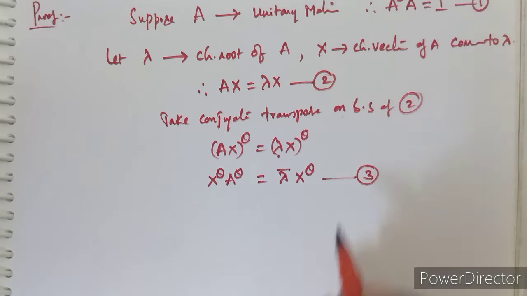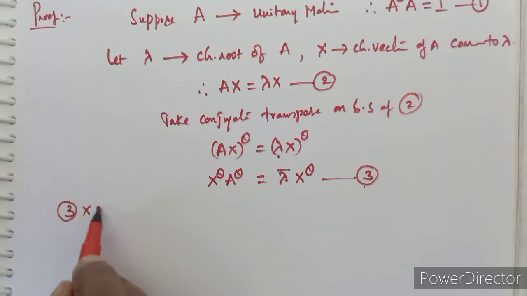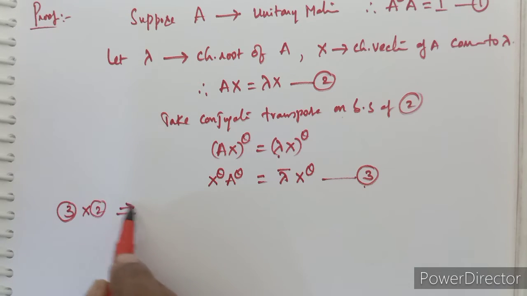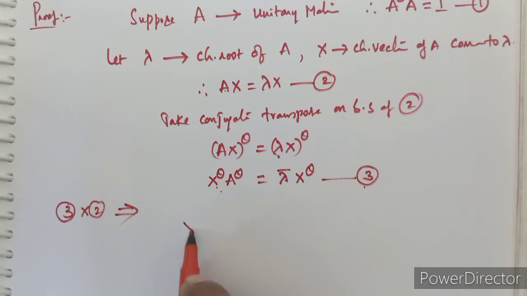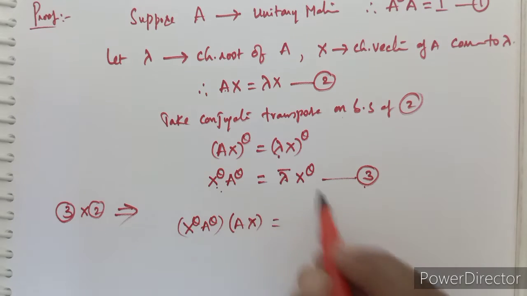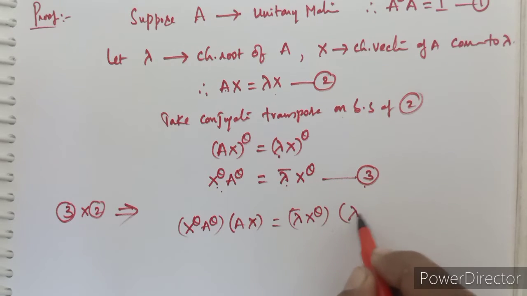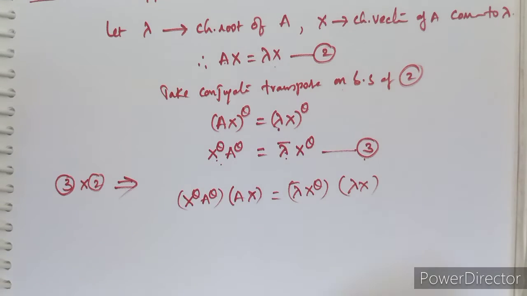We multiply equation 3 and equation 2, LHS into LHS: x^θ A^θ into Ax is equal to RHS into RHS: λ̄ x^θ into λx. Now we rearrange them.